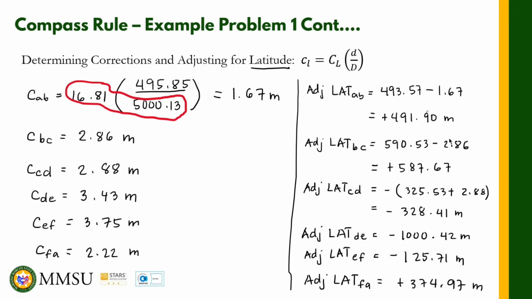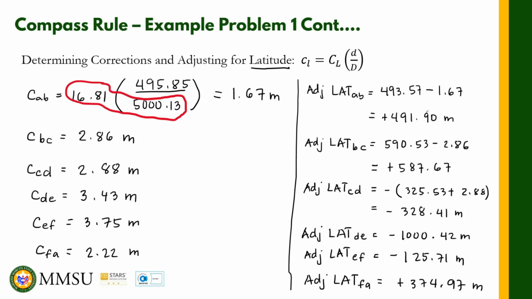Sometimes, may mga times na hindi siya mag-0, like mayroon 0.01, okay pa rin yun, because of round-off errors. Pero you can use an arbitrary method later on to close the figure. Okay lang kahit may 0.01 na gap. Pero I think ito magzi-zero itong adjusted latitudes natin.